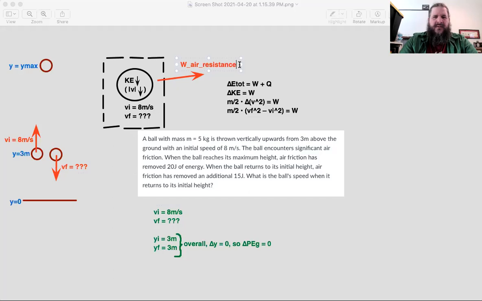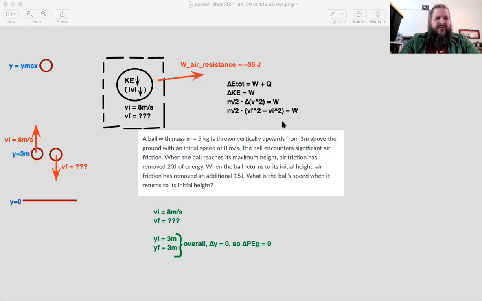So we can set this equal to 35 joules in total. Although it's energy leaving the system, so how would we write that? Yeah, we'll call that negative 35 joules. So we know the work. The total work done by air resistance is negative 35 joules, negative because the energy is leaving the system.